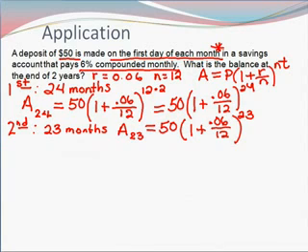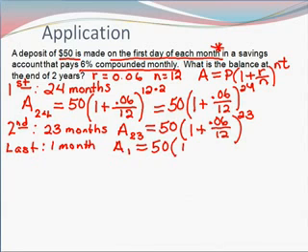Let's skip down and take a look at what the last month would look like. That deposit would spend only 1 month earning interest. So its equation, A1, is going to equal 50 times (1 plus 0.06 over 12), and it's to the first power.